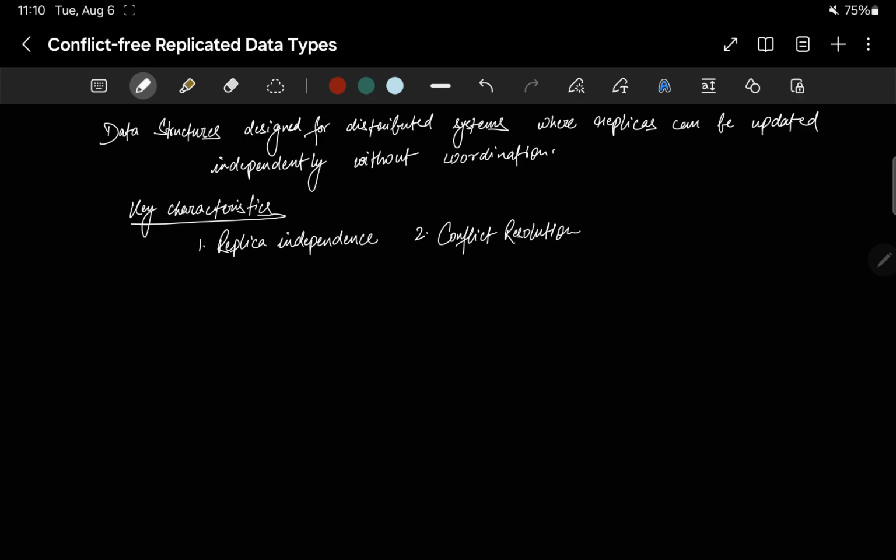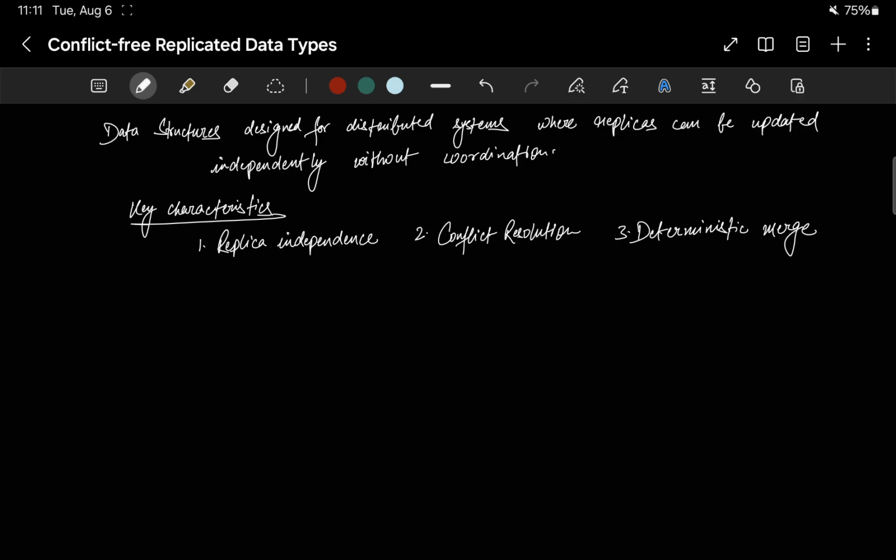They incorporate conflict resolution strategies that automatically handle conflicting updates without the need for centralized coordination. And deterministic merge. The merge operation in CRDTs is deterministic, meaning that the order of merging updates does not affect the final state.